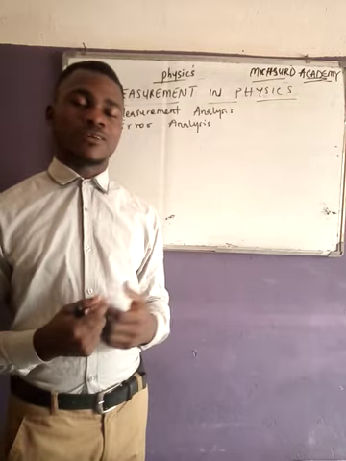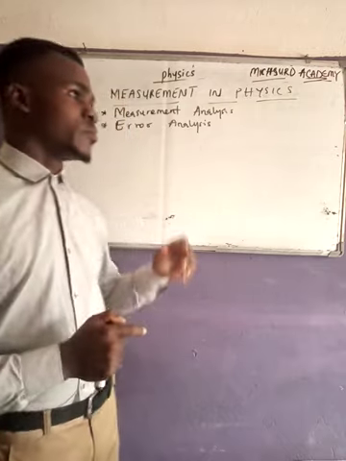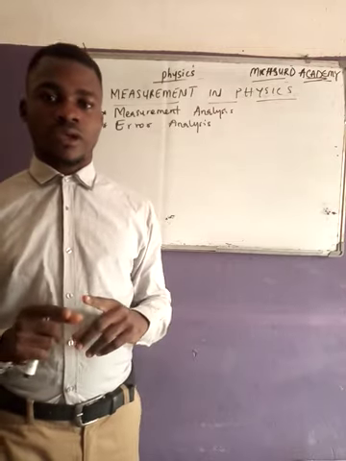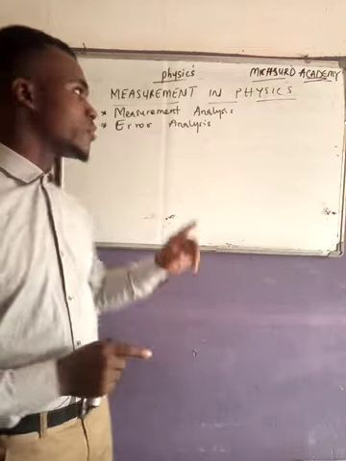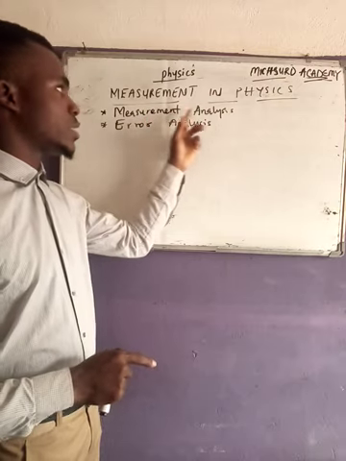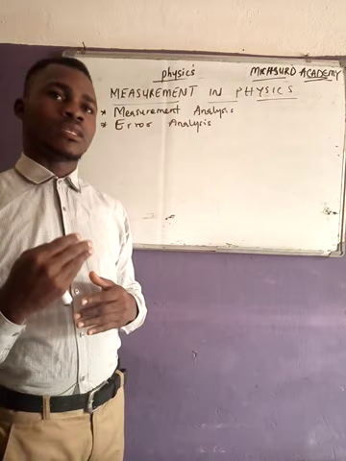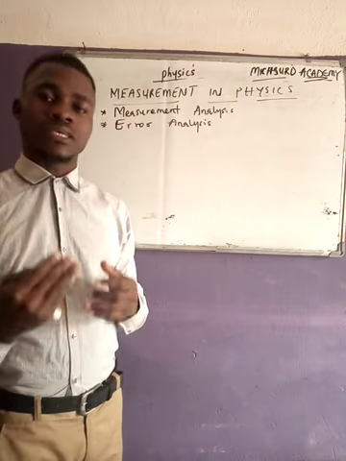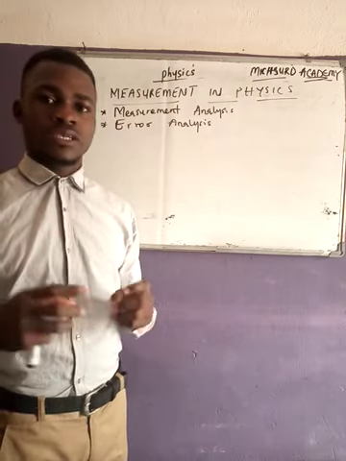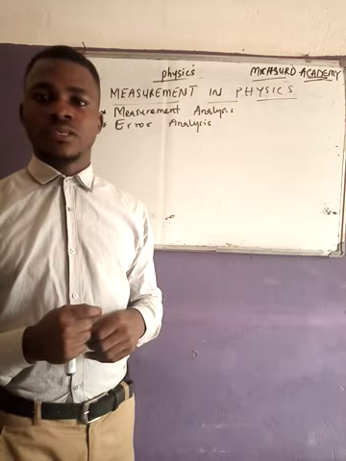So when you talk about measurement, of course, what comes to your mind is calculations. But yet, measurement is one side of the coin, because we have what we call measurement analysis and we have error analysis. Now, the error analysis is as a result of the faultiness in our measurement.